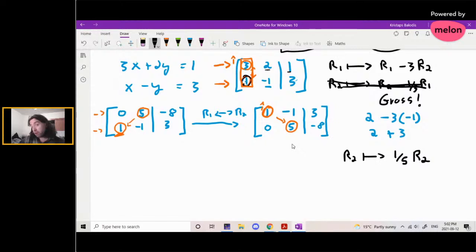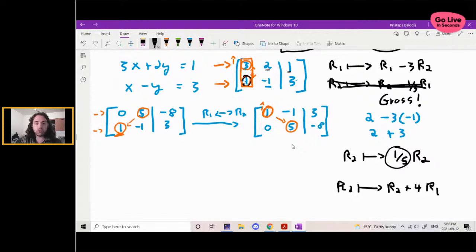The other thing you might be thinking, though, because it's a fraction, could we do something else to avoid it? You might be thinking, well, what if we took row 2 and instead did row 2 plus 4 times row 1? Doesn't that look nicer? And yes, it looks nicer, but let's see what's going to happen here.